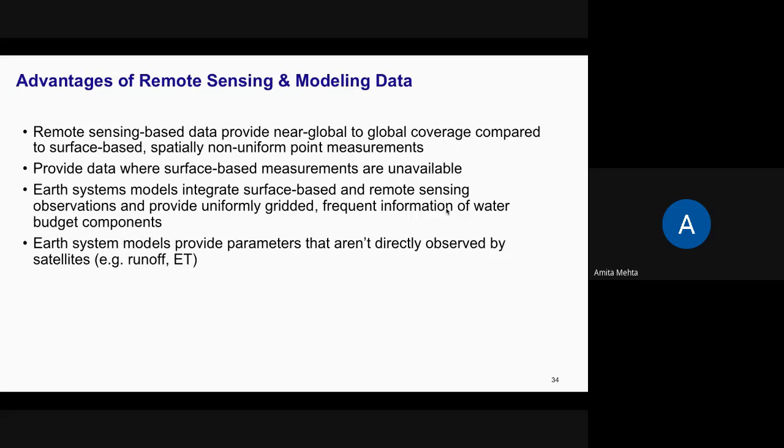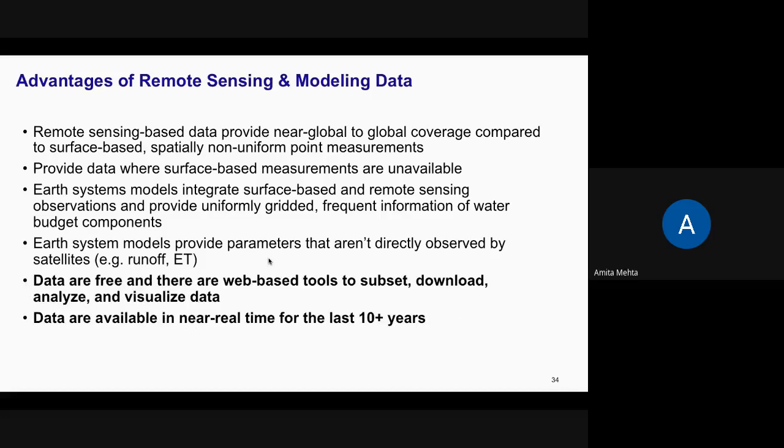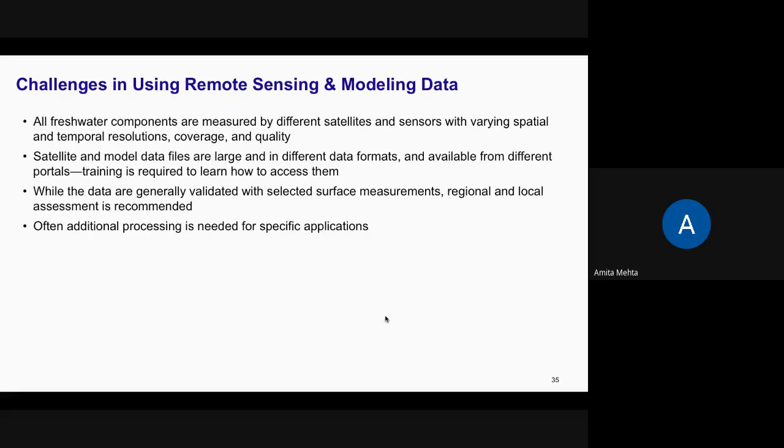Also, evapotranspiration and runoff, something that is not very easily observable, can be obtained from these modeling systems. Okay, all these data are free and open source, and here actually more than 20 plus years of data are now available.